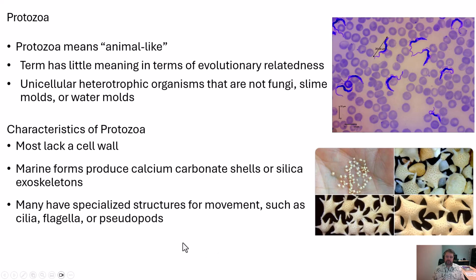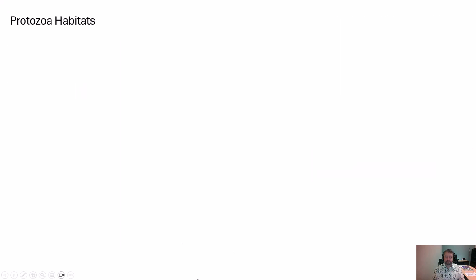Pseudopods are extensions of the body of the organism or the cell membrane of the organism. It's like reaching out a foot and then snaking your body along. Pod or poda means foot, and so pseudo means like fake foot. We'll look at this when we look at amoebas here in a little bit.